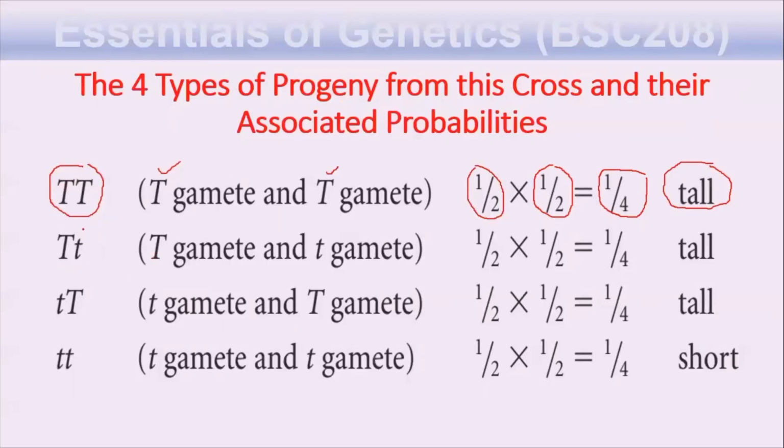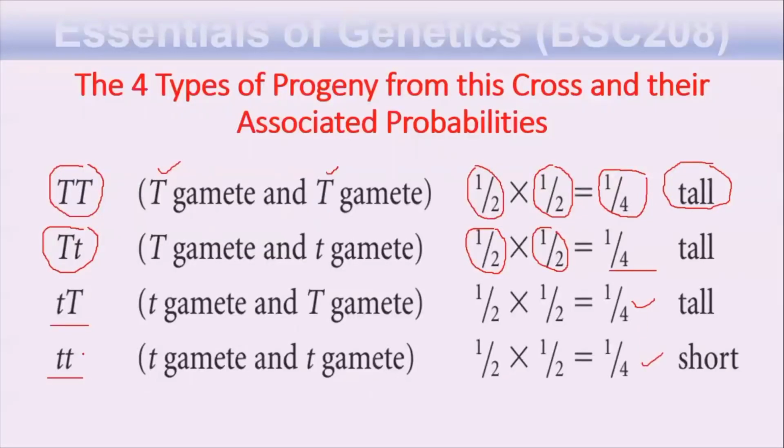Similarly, if we need capital T, small t, the probability is the same for both independent events, and in this case also the probability will be 1 by 4, and in the other two cases the probability will be 1 by 4 and 1 by 4.